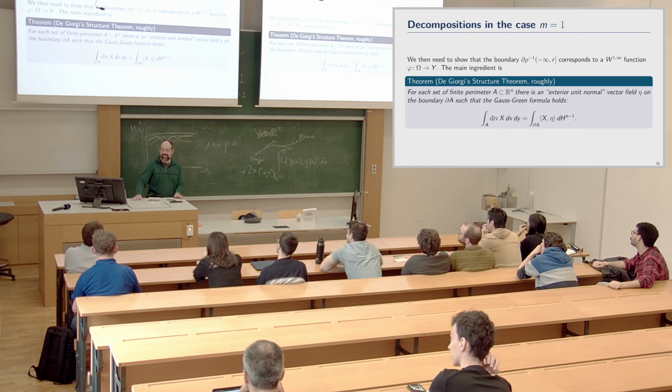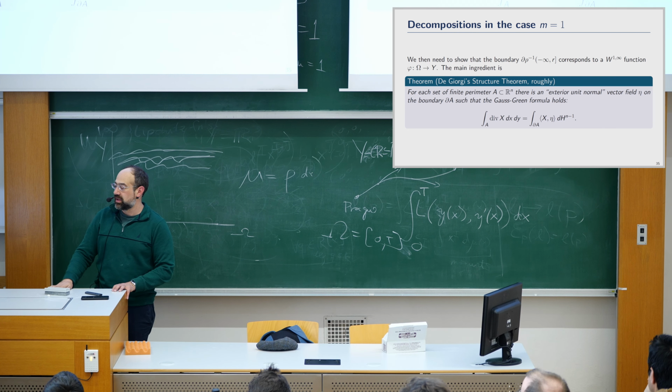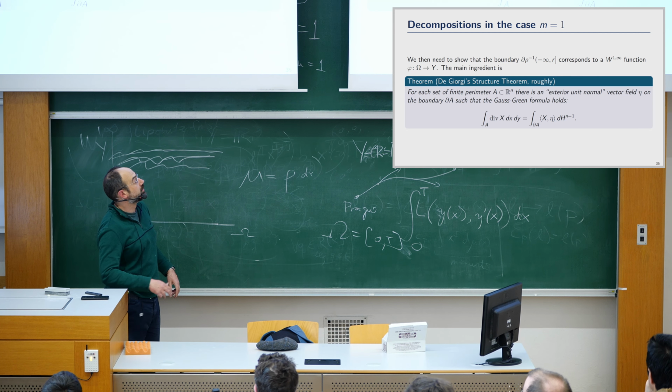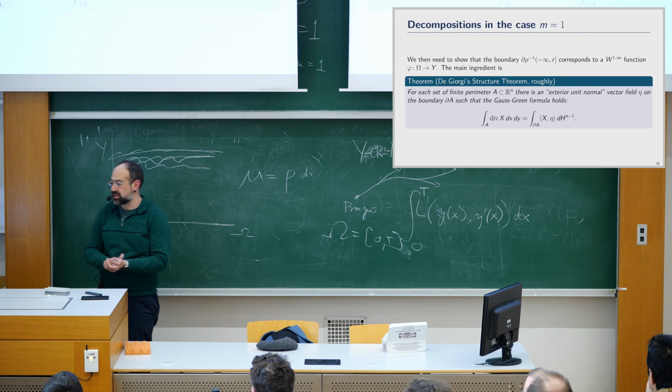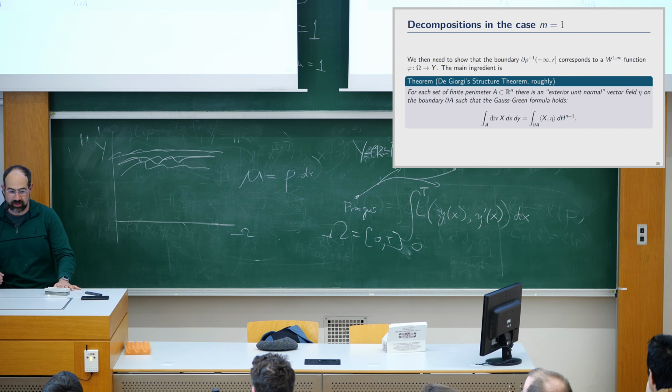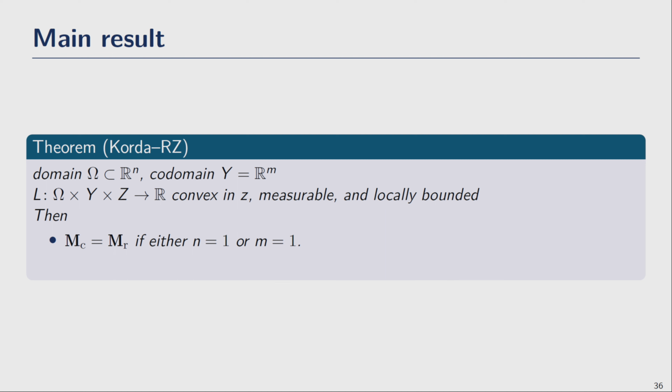So there's his structure theorem that gives on the boundary an exterior unit normal that, with the Hausdorff measure of the boundary, gives basically the Gauss-Green formula.